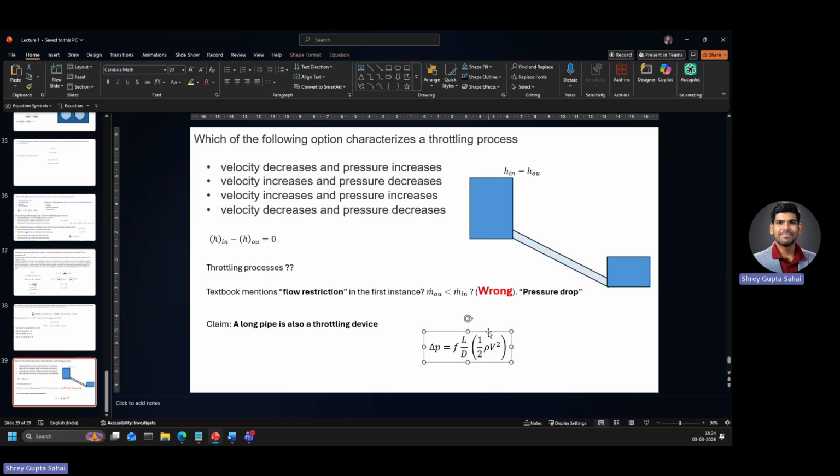Now, in a long pipe, viscous forces and pressure forces are the most dominant, most important forces.